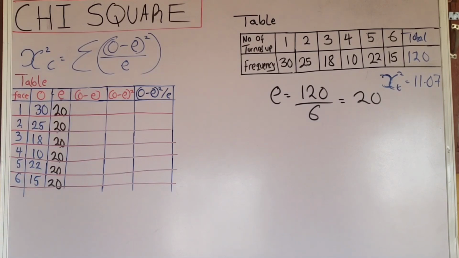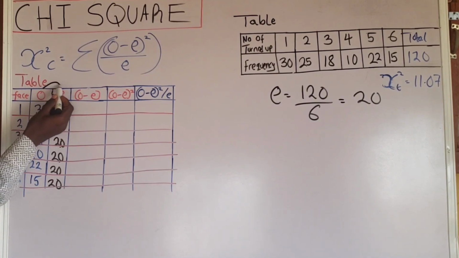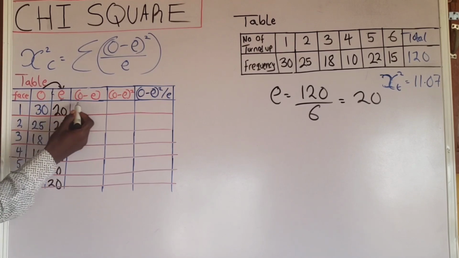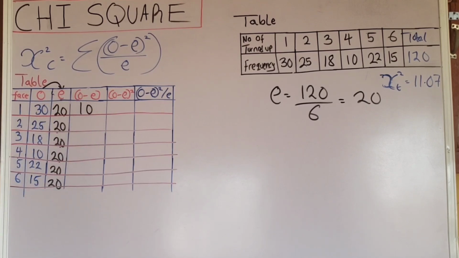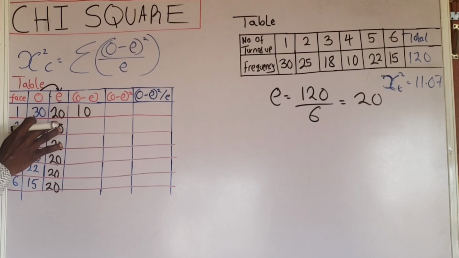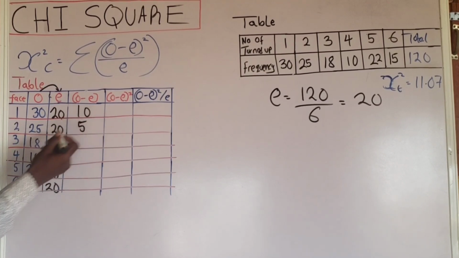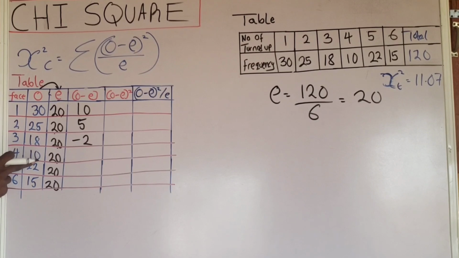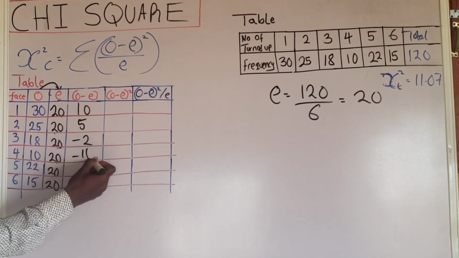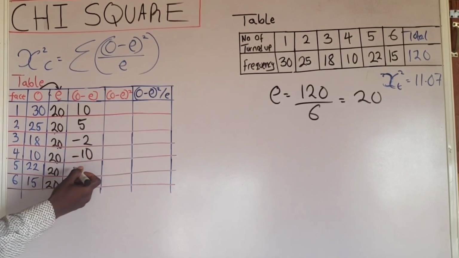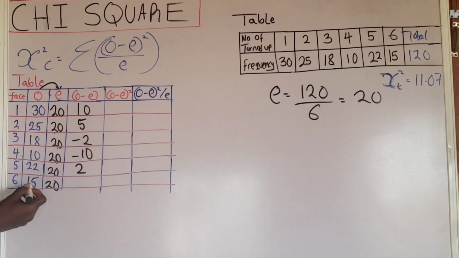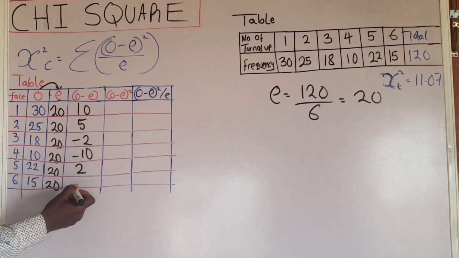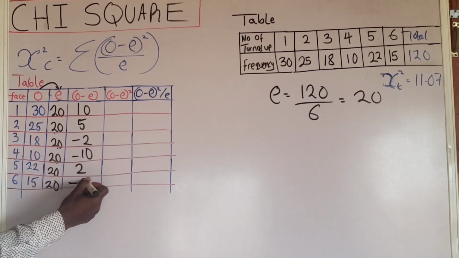That means for this I'm going to have 30 minus 20, that is 10. 25 minus 20, that is 5. 18 minus 20, that is negative 2. 10 minus 20, that is negative 10. 22 minus 20, that is 2. 15 minus 20, that is negative 5.